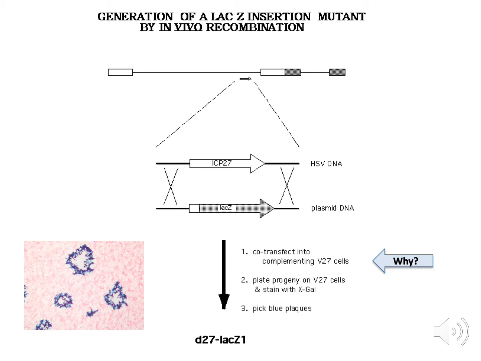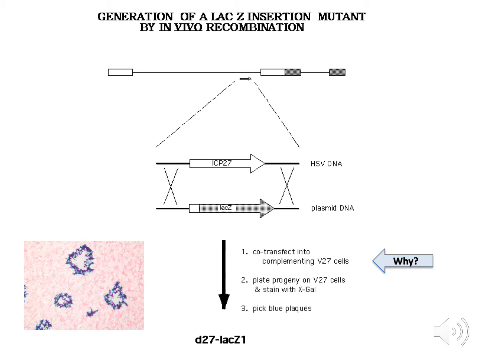But in place of the ICP27 gene coding sequences, he introduced the gene for beta-galactosidase, the LacZ gene. And so with a specific substrate, beta-galactosidase can turn the plaques blue. And so what he did was he co-transfected this piece of plasmid DNA with the LacZ gene in frame with the promoter of ICP27, and allowed that to recombine.